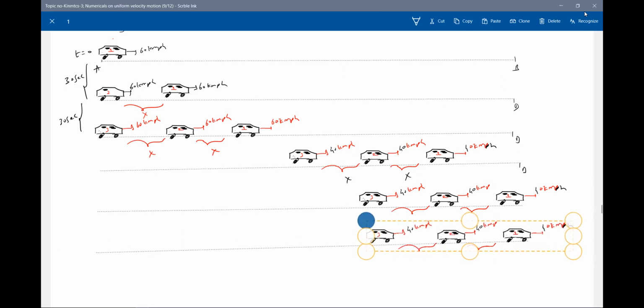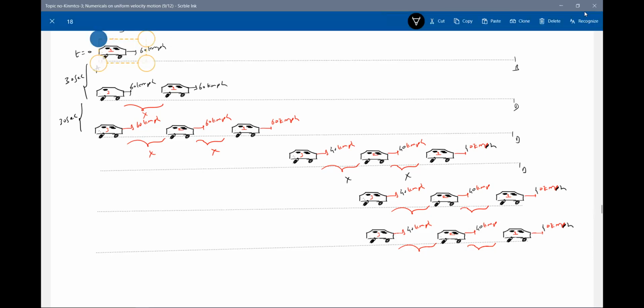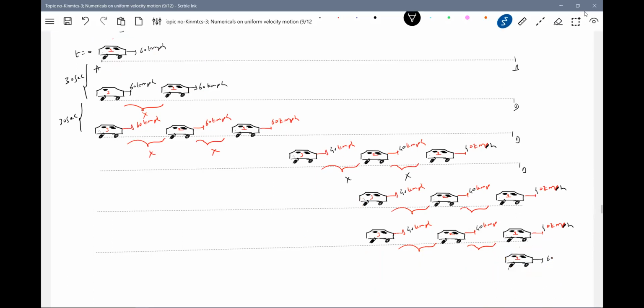okay, I'll do one thing. Why it is not coming? Oh. I'll show it here. The car 1 is here. I'm not responding.